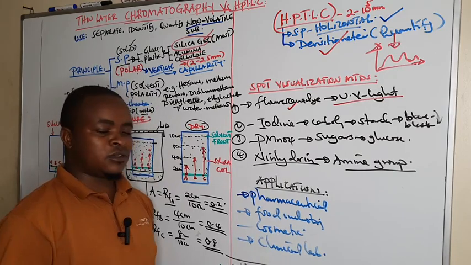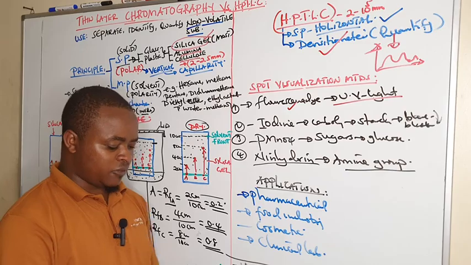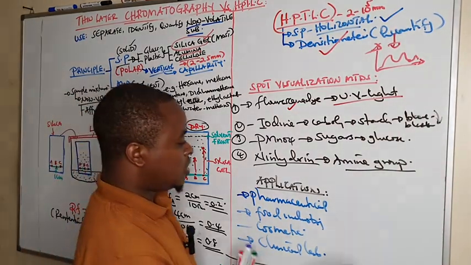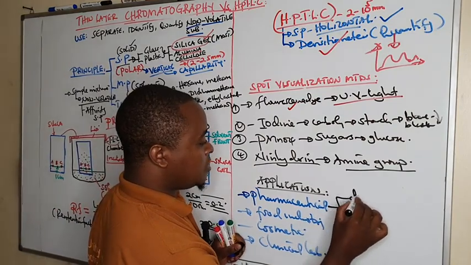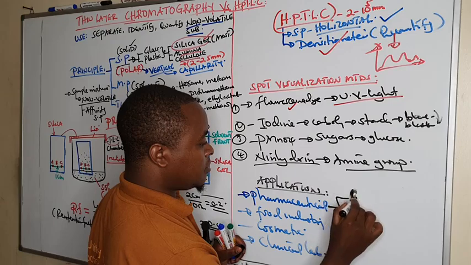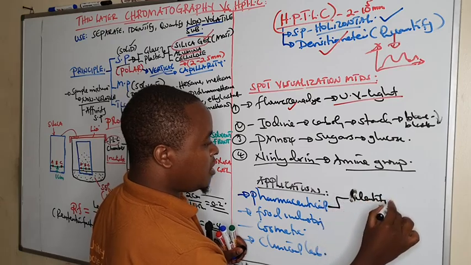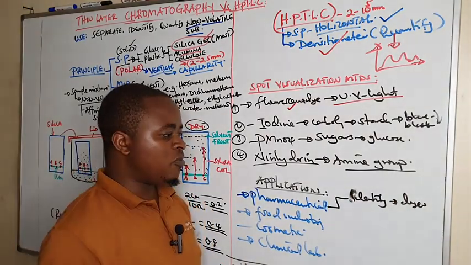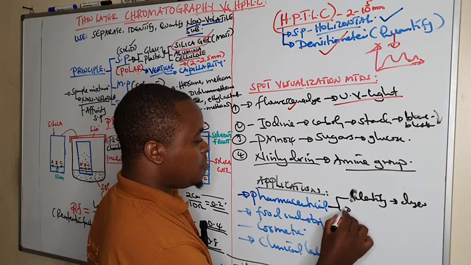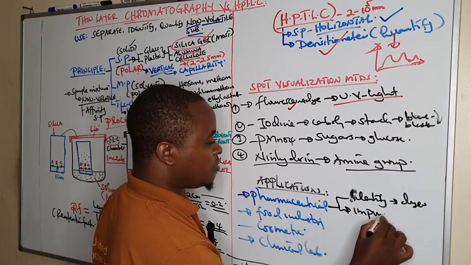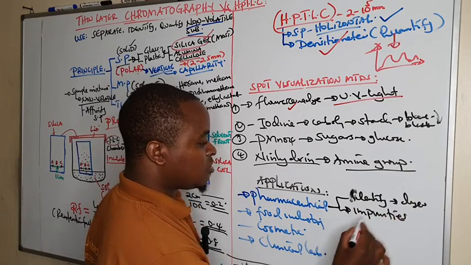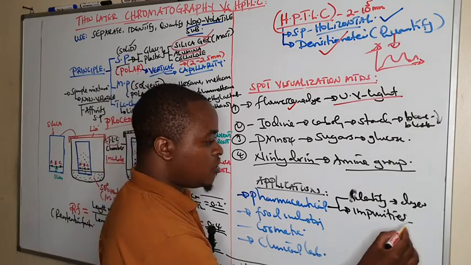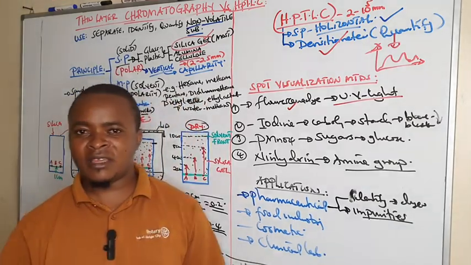For example, in pharmaceutical chemistry, it can be applied to identify different dyes or chemicals in the formulation of drugs. It can be used to identify the presence of certain impurities, meaning we are able to remove them after identifying them.